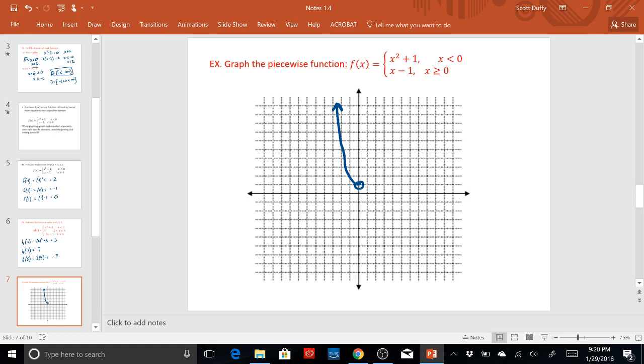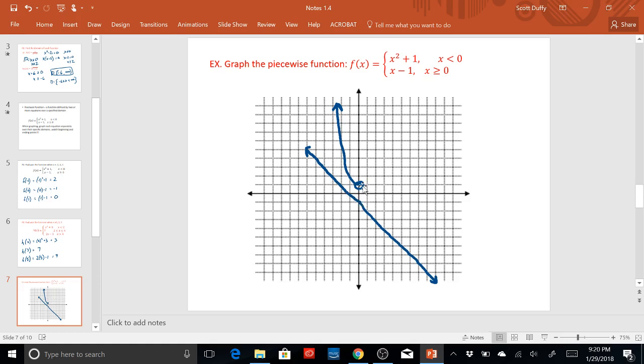Then I'm going to move on to the next function, x minus 1. That would usually look like this. But we're only interested in the values where x is greater than or equal to 0, so all the values to the right of the y-axis.